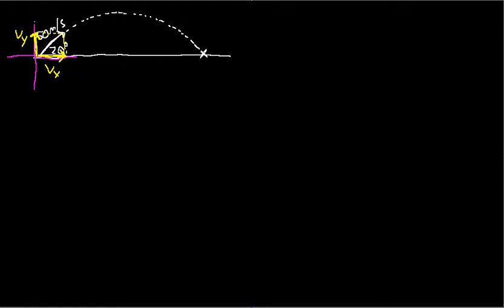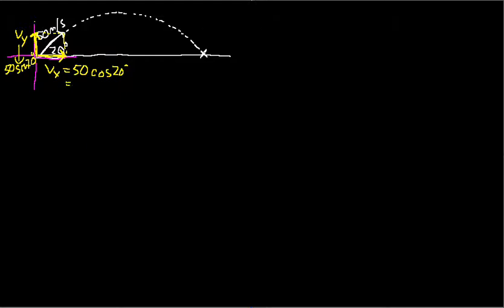By now you should know how to calculate v sub x and v sub y given any vector at any angle. So v sub x is going to be 50, the magnitude of this launch vector, times the cosine of 20 degrees. And the y component is going to be 50 times the sine of 20 degrees.